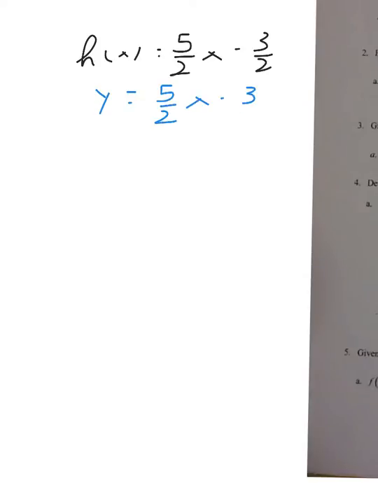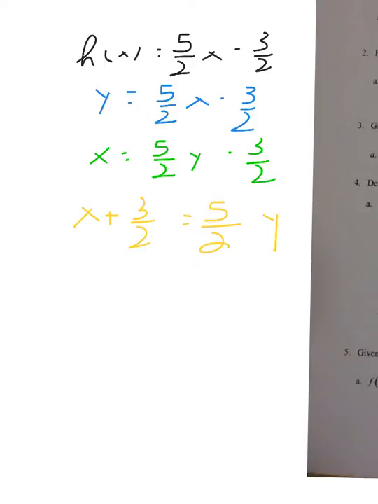Okay, so 3c is h of x is equal to 5 halves x minus 3 halves. All right, so this is y equals 5 halves x minus 3 halves. Switch x and y. So now I add 3 halves to both sides. X plus 3 halves equals 5 over 2y. Now we want to get rid of the fraction. So to get rid of the fraction, you want to get rid of the 2. So multiply both sides by 2.